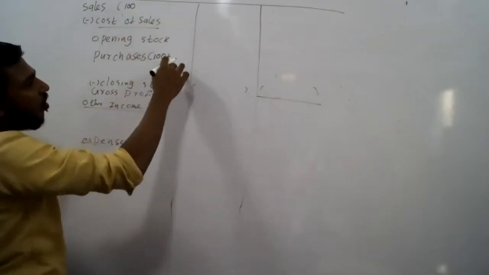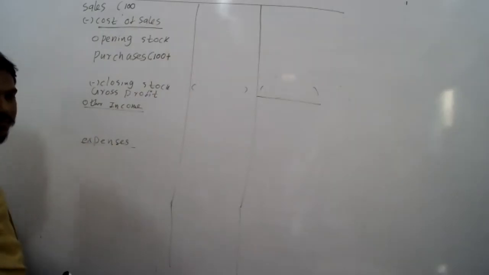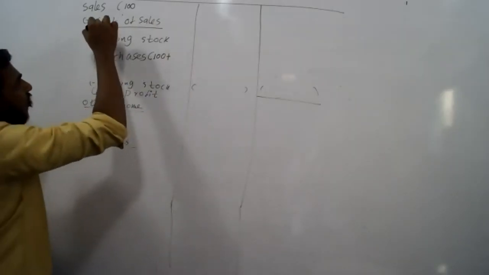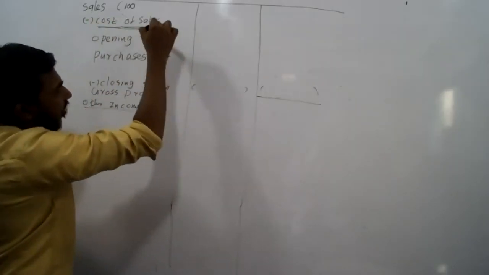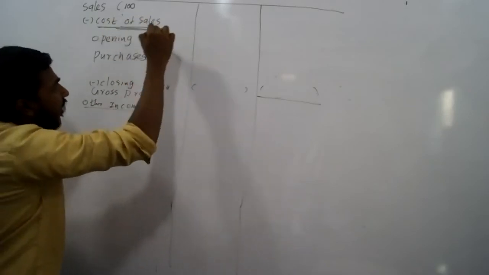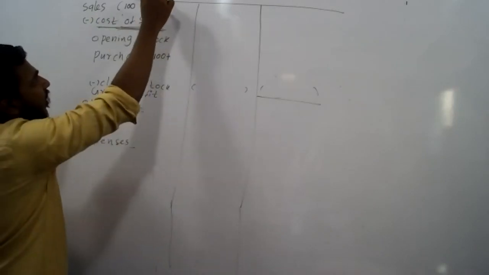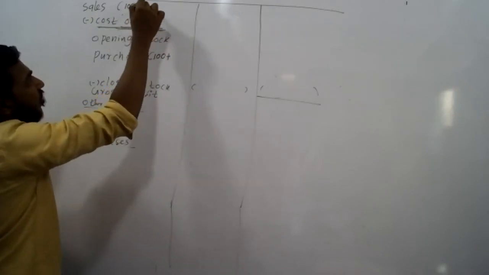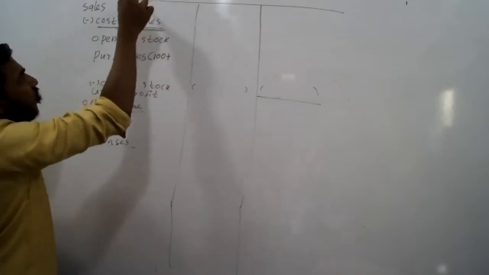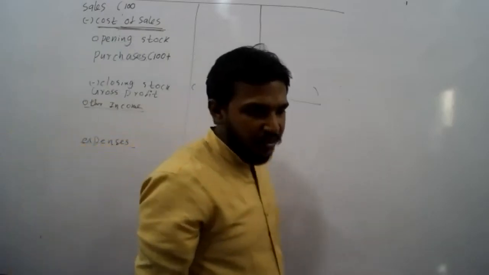No need to adjust the cost, because we calculate the cost of sales separately. Once we calculate the cost of sales separately, the cost of 70,000 stops, no need to adjust. So just take the selling price. Sales 100.